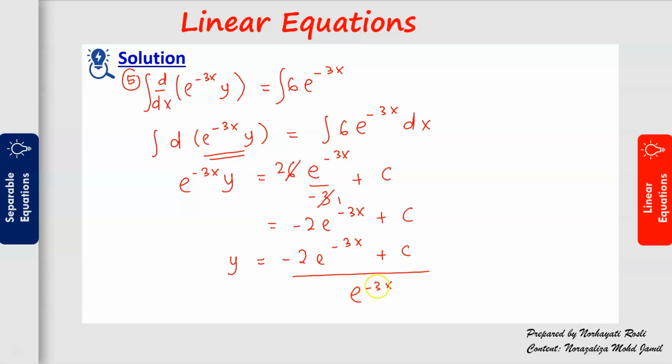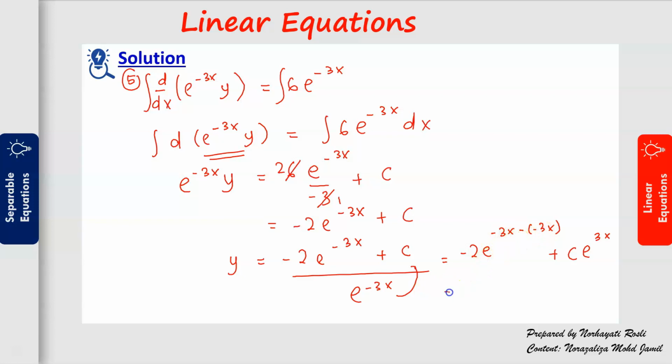By using the exponential law, we will have negative 2 exponential of negative 3x. Here it is divided by this, so minus negative 3x plus c. This one we put above, which becomes exponential of 3x, there is no minus here. You can see negative 3x, minus minus becomes plus, so we can cancel out.